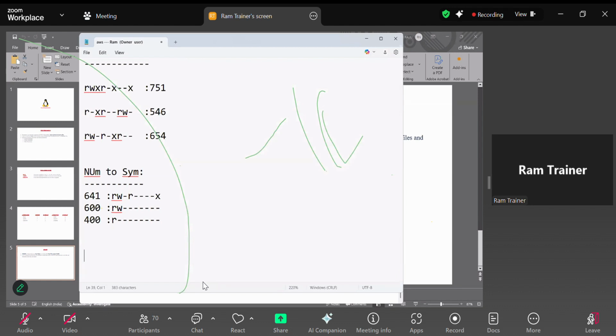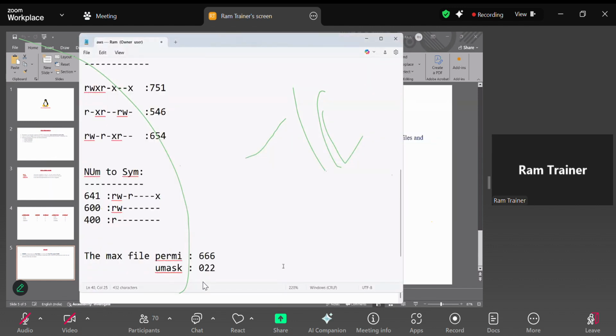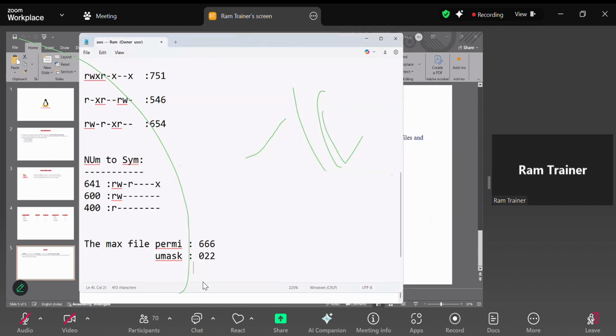For example, the maximum file permissions are 666. But for file level, we don't consider the execute value. And what about the OS existing umask value? The umask value, I told you, is 022.